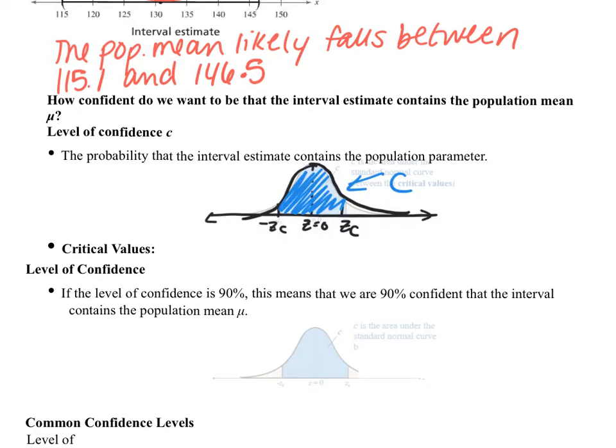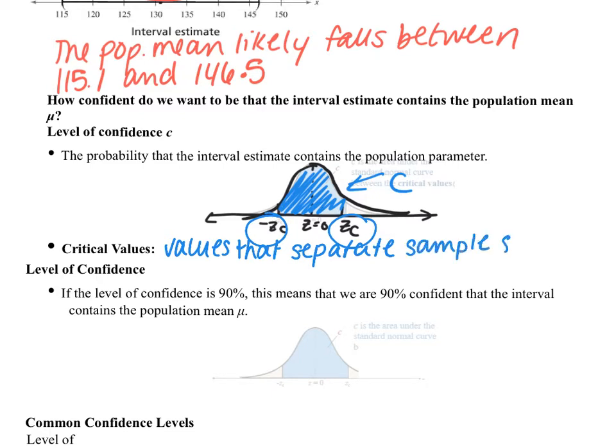Now, the critical values are values that separate the sample statistics that are probable from those that are not. So they're basically z-scores. Okay, it'd be this negative zc and positive zc. And they are values that separate sample stats, so something like the sample mean, that are probable from those that are not.